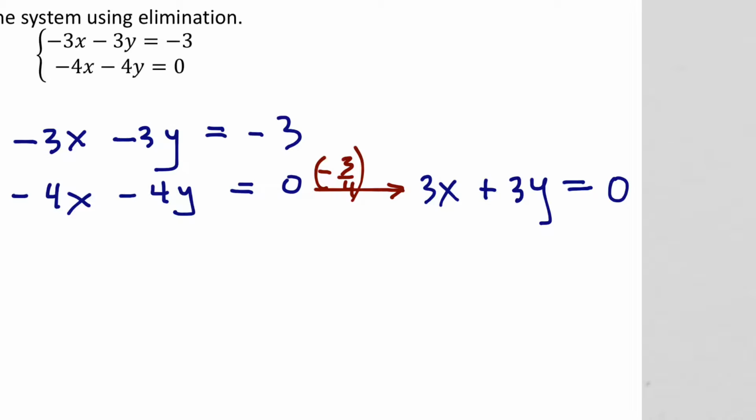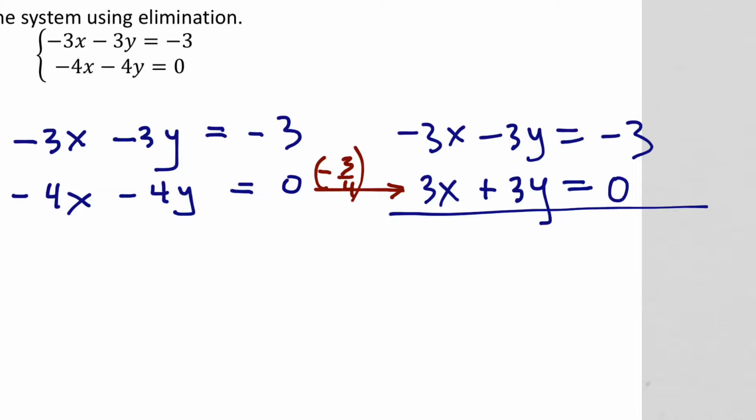Now I bring the other one over here, so I've just got negative 3x minus 3y is equal to negative 3. All right, so now we go ahead and add these two equations together. So the first two terms, the x terms, drop out because we fixed it that way. Now these two are also going to drop out in this system.